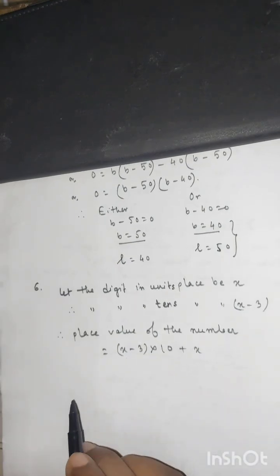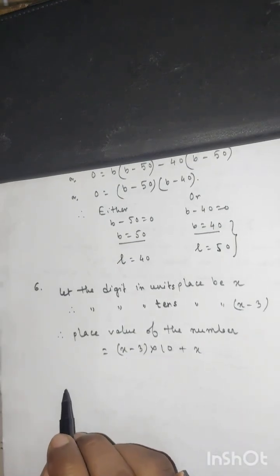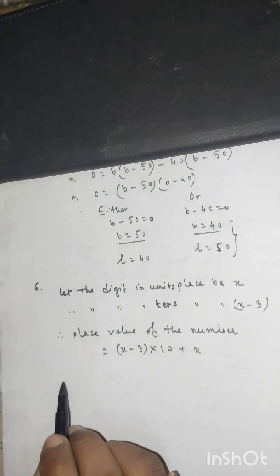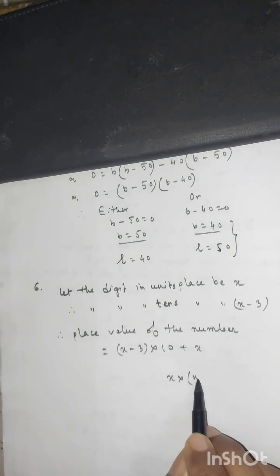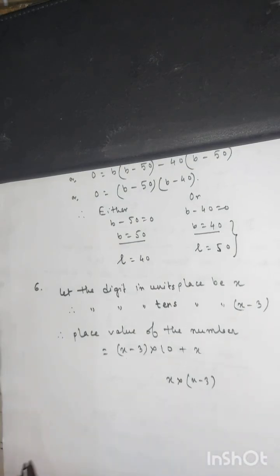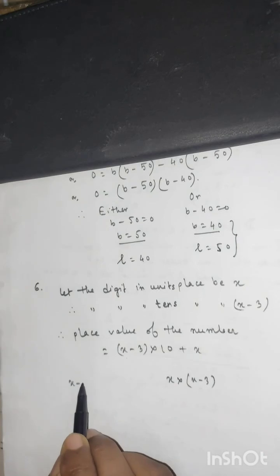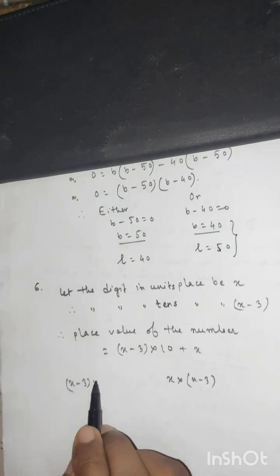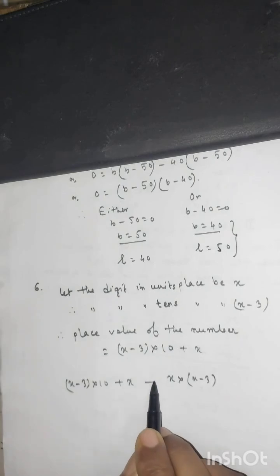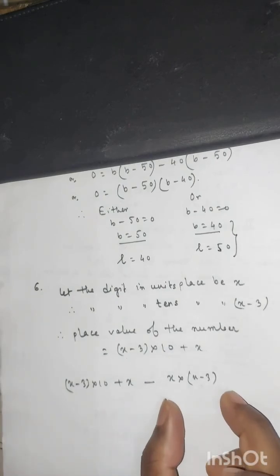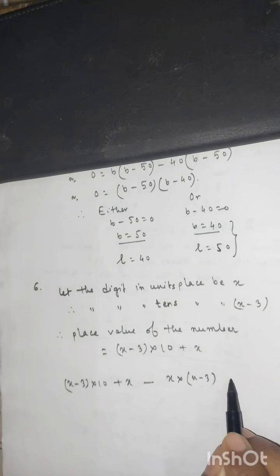Now the question says, if we subtract the product of the two digits from the number, if we subtract the product of two digits from the number, we get 15.